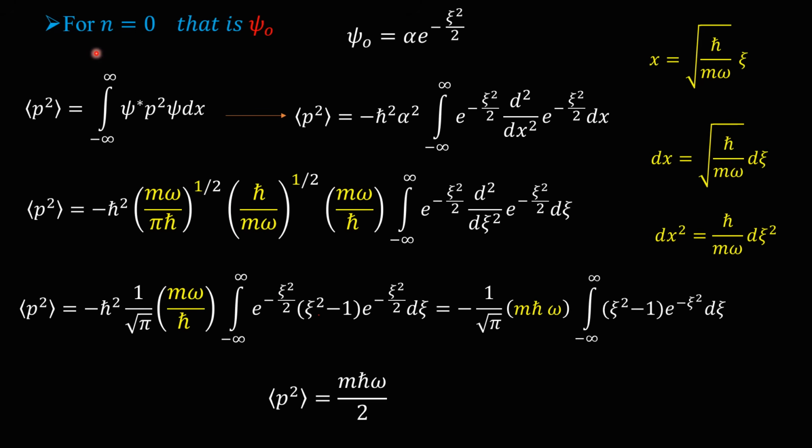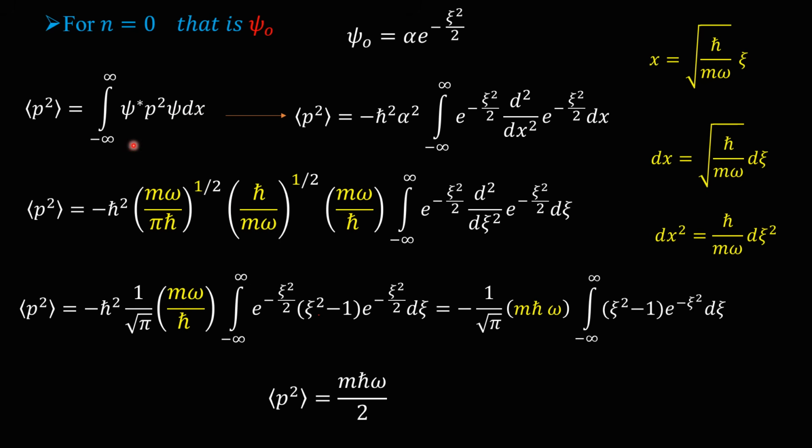Now we will find the expectation value of p squared for n equal to 0, that is, for the wave function psi 0, which as given in the problem is alpha times e to the power minus z squared over 2. By definition, the expectation value of p squared is the integral from minus infinity to plus infinity of psi star p squared psi dx.